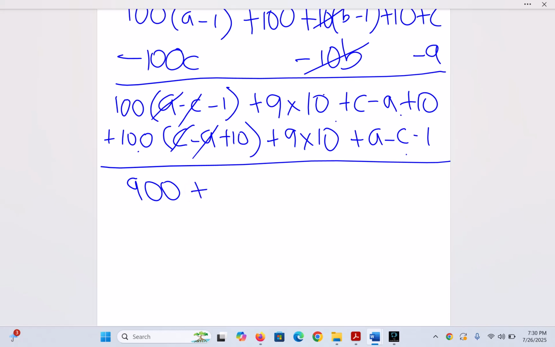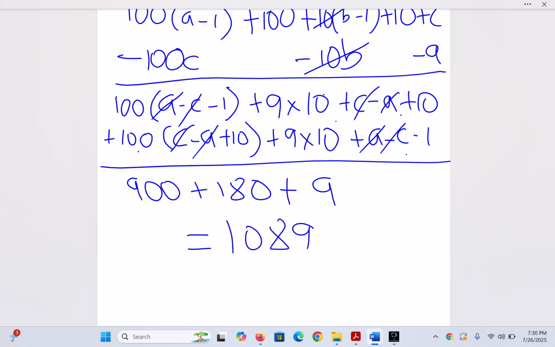This is 90. 90 plus 90 is 180 plus A minus A, right? Cancel out. C minus C, 10 minus 1 is 9. The sum of all this is 1089. All right, easy.